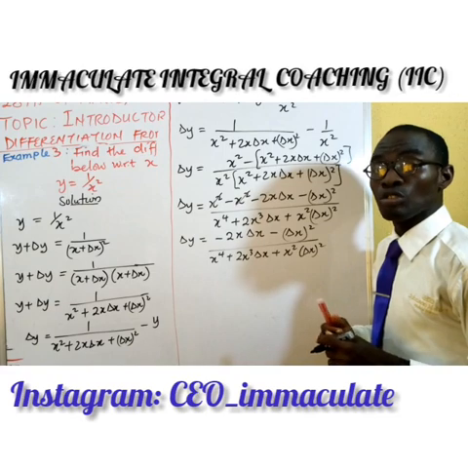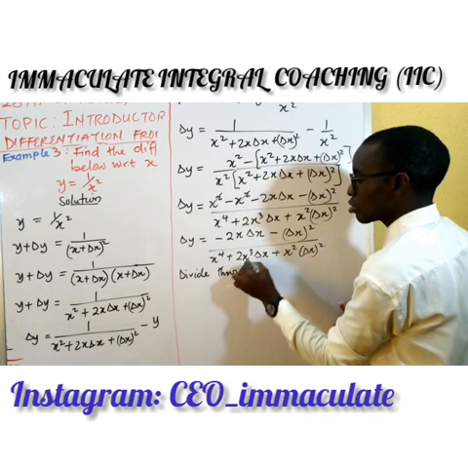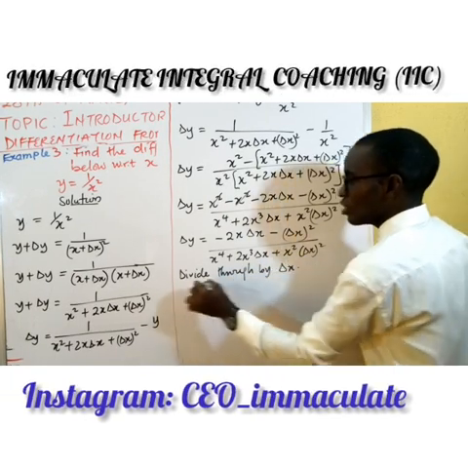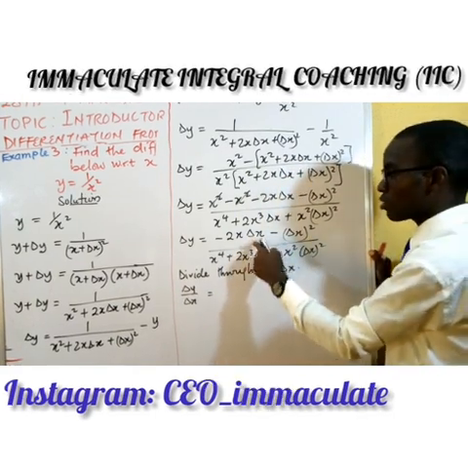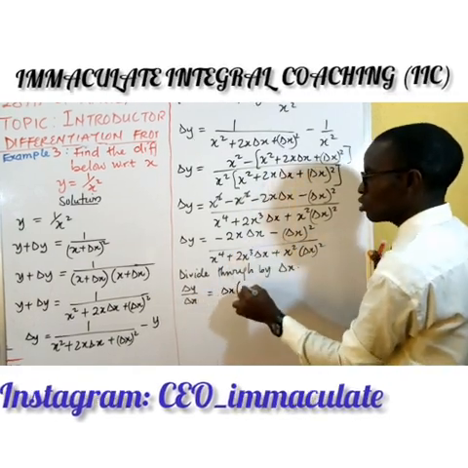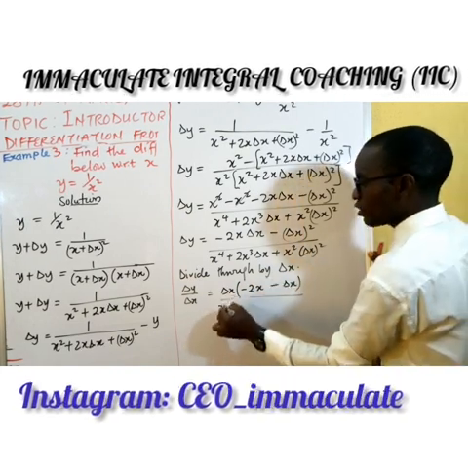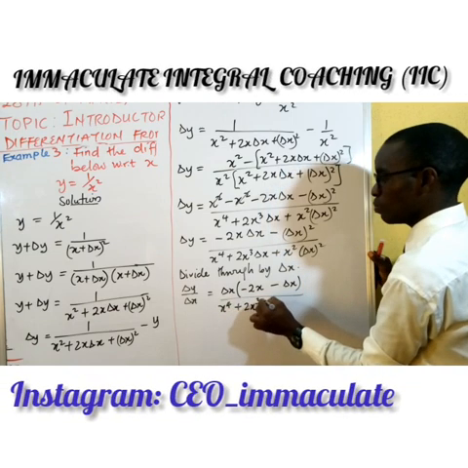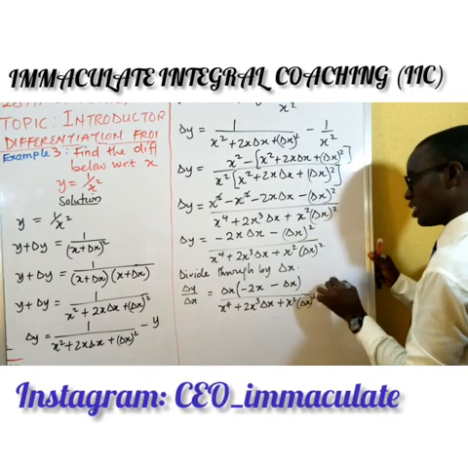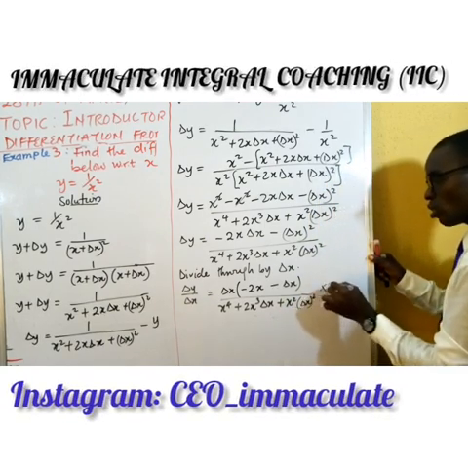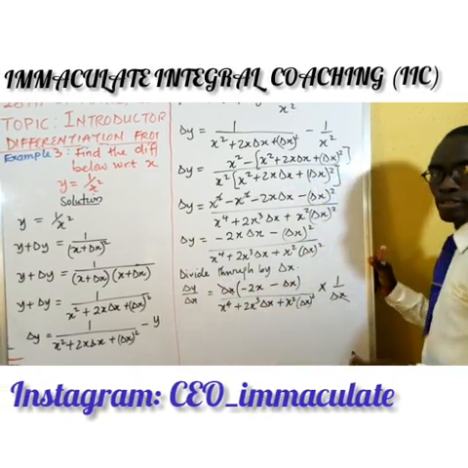The next is to divide through by δx. So δy over δx equals, let's factorize our δx out from here. δx into (minus 2x minus δx) over (x to the power 4 plus 2x cubed δx plus x squared δx squared), divided by δx, which we turn to times 1 over δx. So δx will cancel δx.